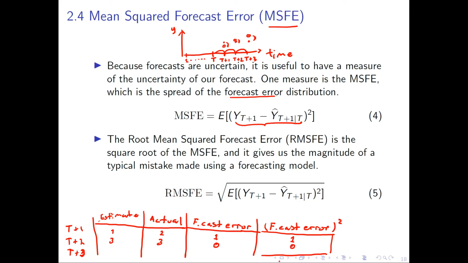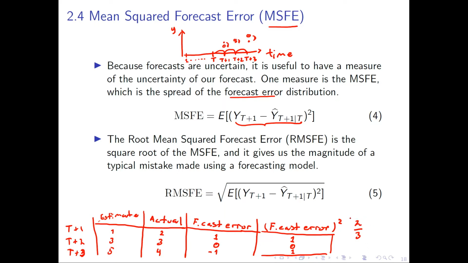And if our estimate in the last period was 5 and the actual turned out to be 4, then we have a forecast error of -1, and -1 squared is just 1. Then we have all the forecast errors. There are 3 of them, and the sum of the squared errors is 2.